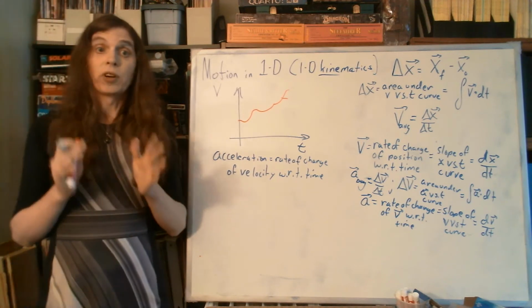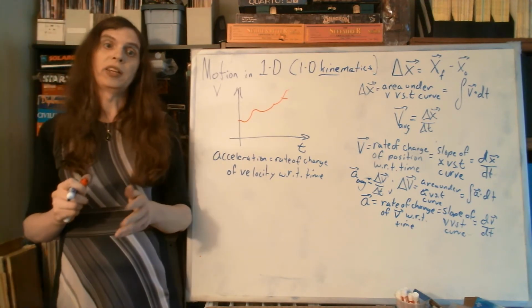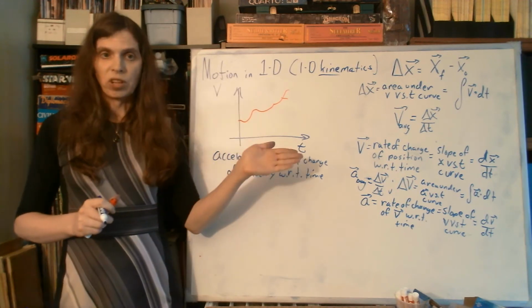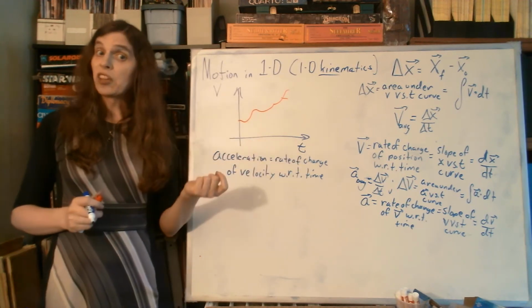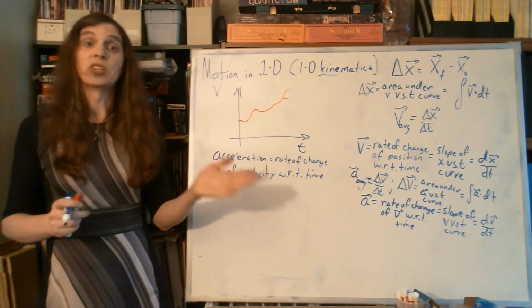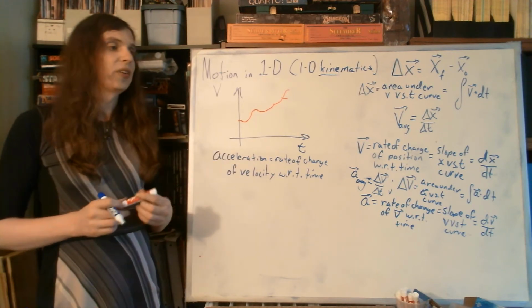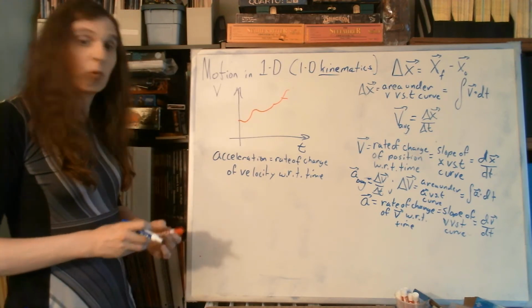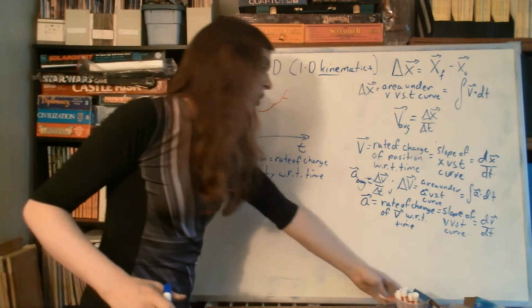So we have a couple different rates we're looking at here. Rate of change of position with respect to time, which is velocity. Rate of change of velocity with respect to time, which is acceleration. There are more rates besides this, even with just dealing with motion.